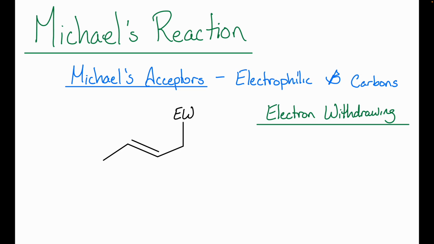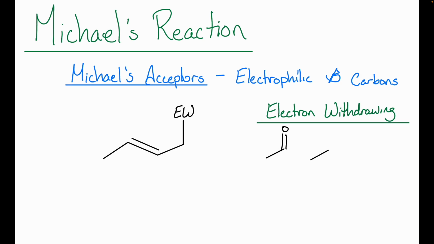The vast majority of them are going to be carbonyl containing groups, right? So that electron withdrawing group could be an aldehyde, could be a ketone, could be an ester.